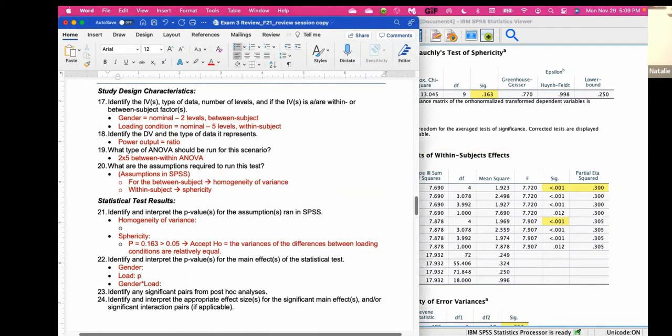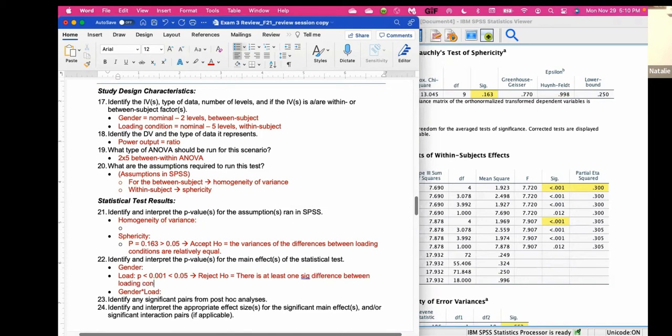So p less than 0.001 is less than 0.05. This would tell us we reject the null. So in that respect, there is at least one significant difference between loading conditions for power output.